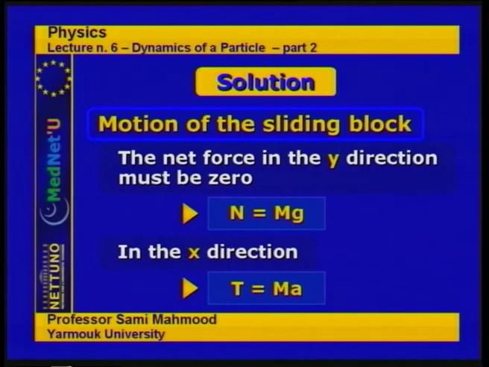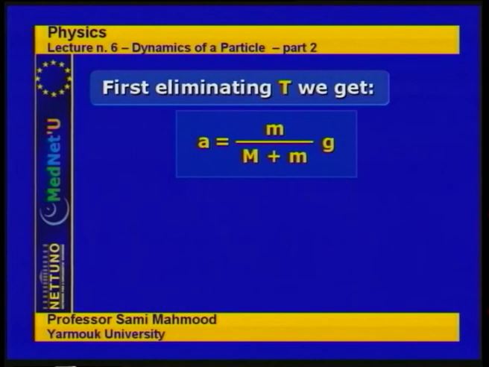So we obtain an equation that contains not the tension and the acceleration together, because both of them are unknowns, but rather an equation that contains only the acceleration and constants which are known: the gravitational acceleration g, the mass of the hanging block, and the mass of the sliding block. So this is the solution for a. That is the acceleration of the sliding block as well as the acceleration of the hanging block.